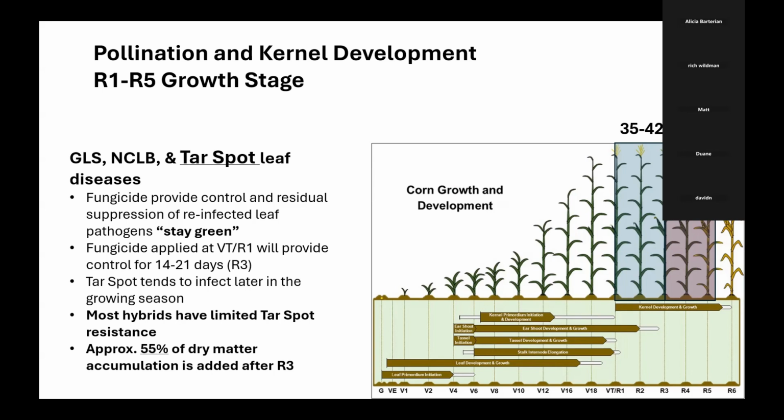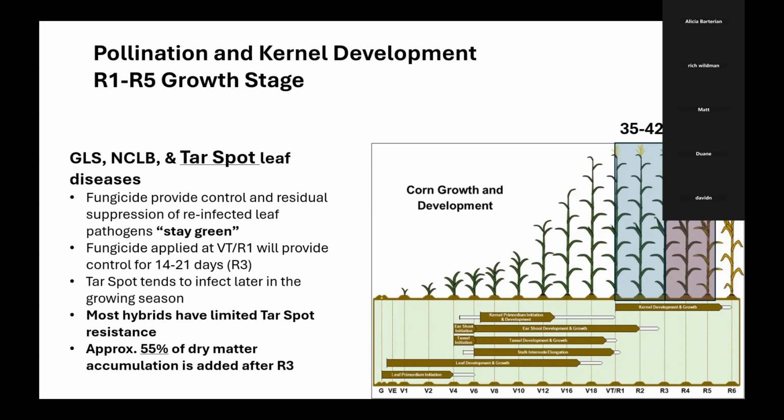Now, a good approach is what Jim was talking about, is if we can delay that application to like R2, got a pretty good chance of making one application and covering ourselves on tar spot and being done. But if you're doing like a Xyway program and nothing else, and you come in at VT at tassel for your gray leaf spot and northern and trying to get that chunk of tar spot, you're exposing yourself to the second half of the grain fill period.